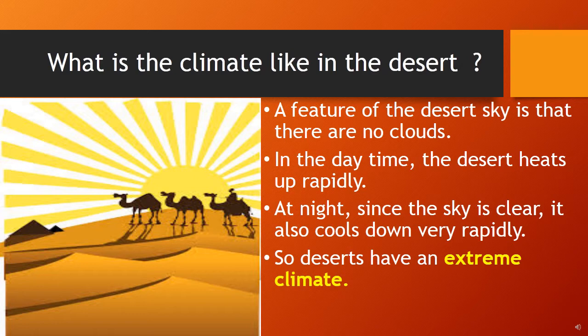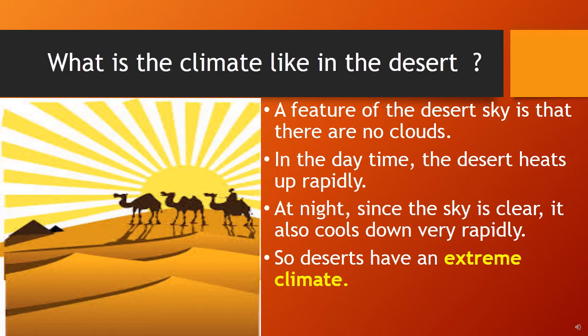Because there is no evaporation, there is no water vapor which rises above, condenses and forms clouds. So that process is not happening. The other thing is there are almost no trees, and because there are no trees, there are no moisture-bearing winds, and hence there is no cloud formation. So the typical feature of the desert sky is that there are no clouds.